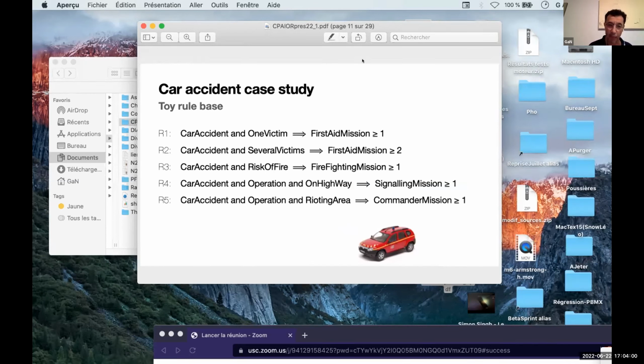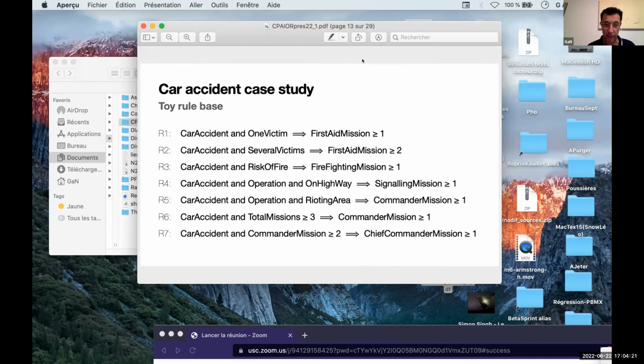The fifth rule, if you've got a rioting area, this is known to you because you've got a geographic information system, then you will have to plan a commando mission. Another case, if you've got more than 3 missions in your solution, then you will need to have at least 1 commando mission. And the last case for our rule study is if you've got 2 commando missions with a car accident, then you will have a chief on top of that.